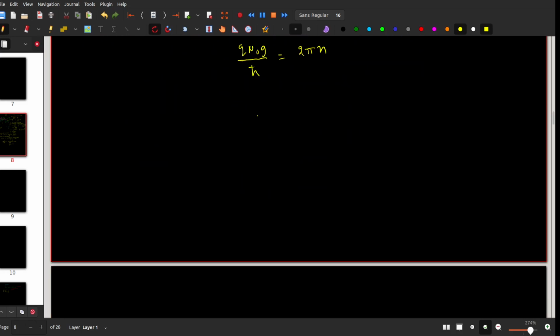or mu naught Qg divided by 2 pi h bar must be equal to an integer.